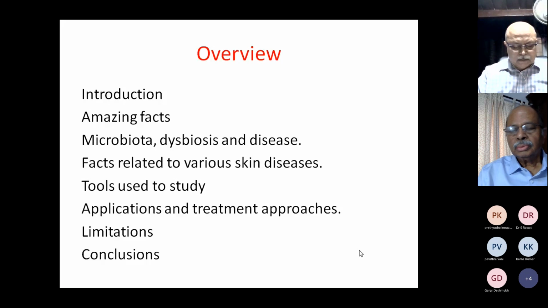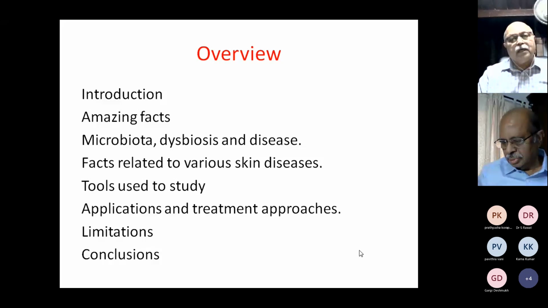He has worked in different institutes and has been awarded plenty of awards. If I start reading all of them, probably it will be longer than his talk. So I would welcome Dr. Sumit to go ahead, and he's a well-known person with plenty of awards under his belt. So I welcome Dr. Sumit. It's all yours now.